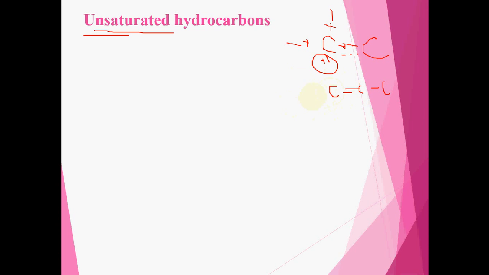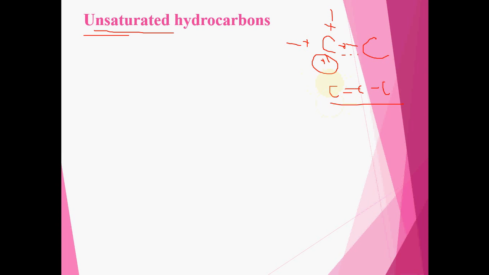So once we have such an arrangement, we simply say the whole molecule attains the name unsaturated. Because of one unsaturated carbon, the whole molecule is unsaturated. So if it's a hydrocarbon, it becomes an unsaturated hydrocarbon because of one carbon which is not saturated.